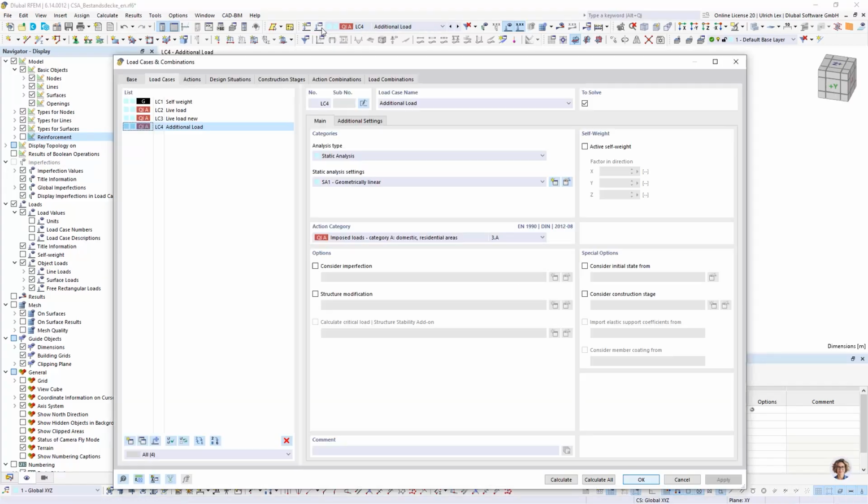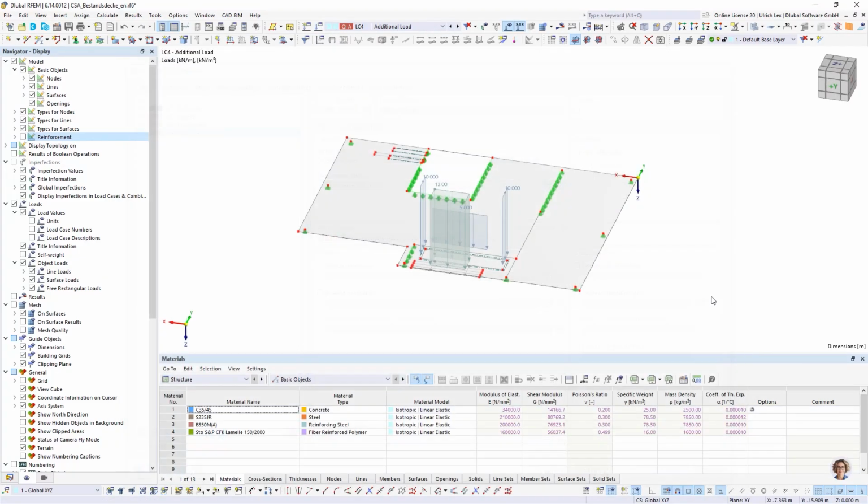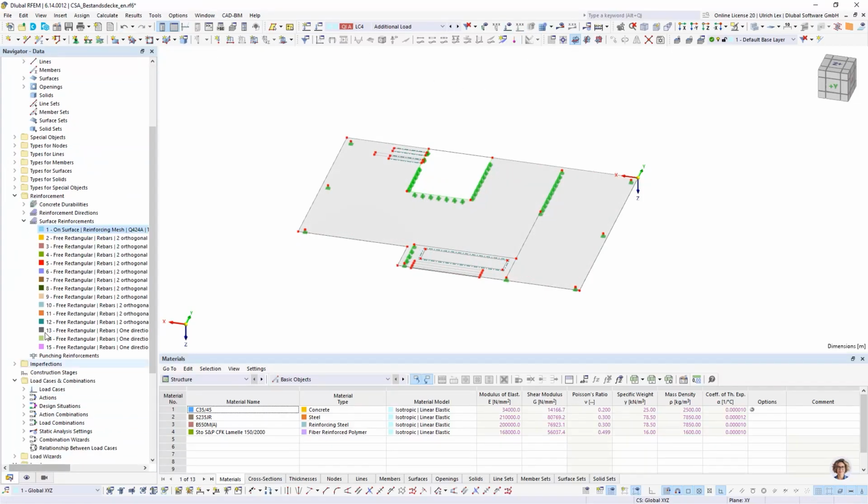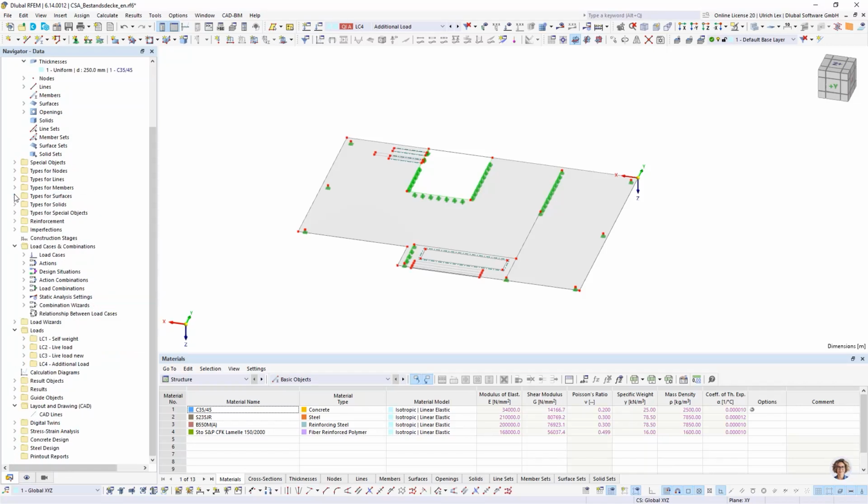Okay, then we can continue with defining the different stages. When the add-on is checked on, then we have here in the data navigator the option to create a new construction stage.